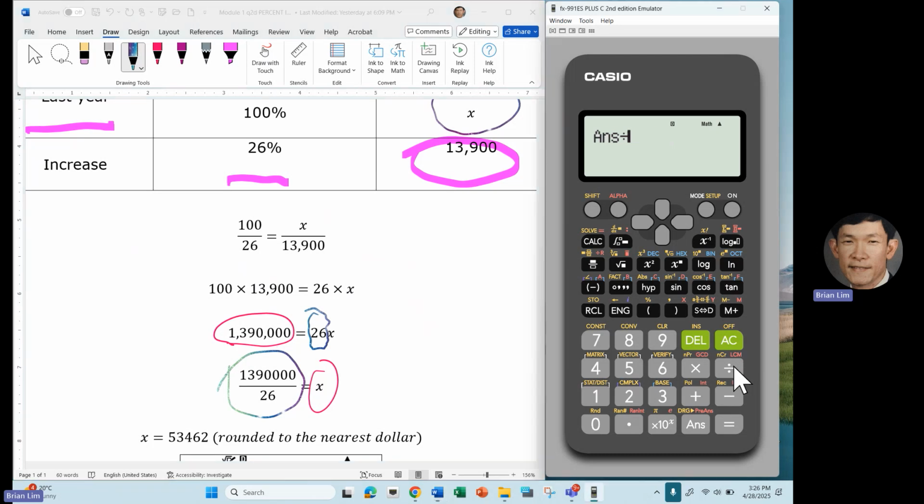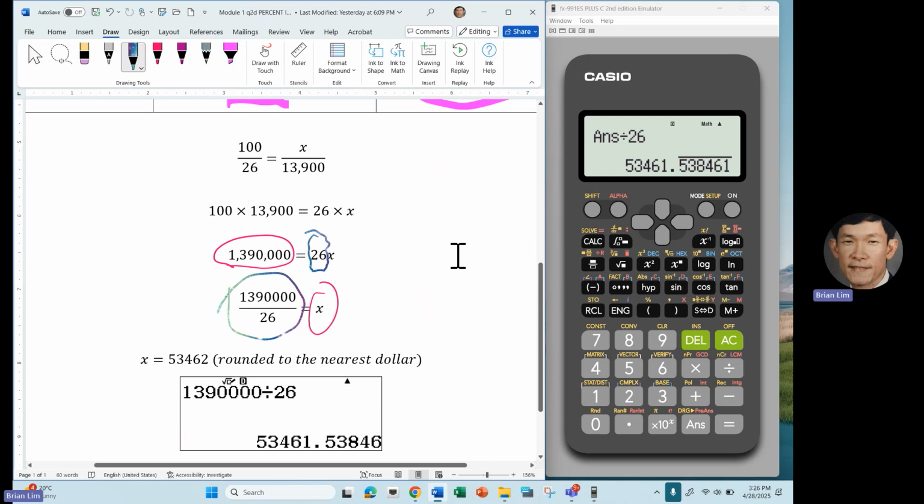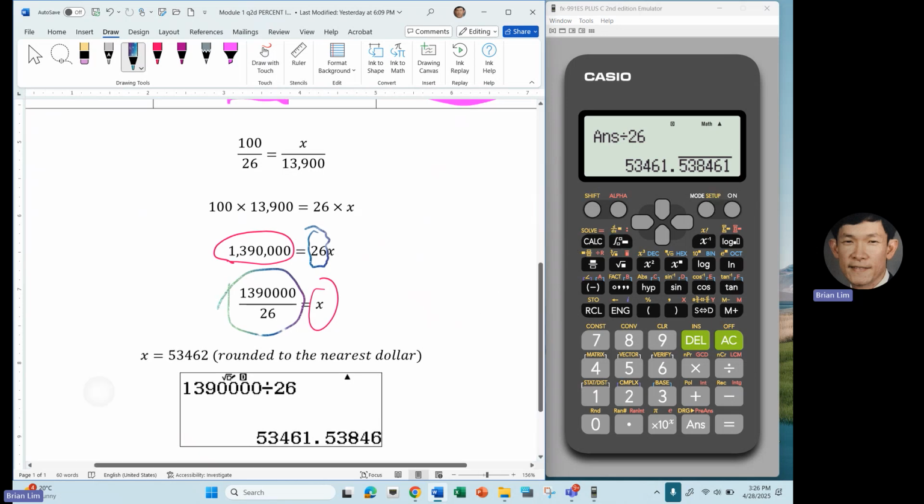So we proceed and divide by 26, and we get a number which we can convert to a decimal. We had an improper fraction, we convert it to a decimal, and the number is 53461.54 if we round it to the nearest cent.